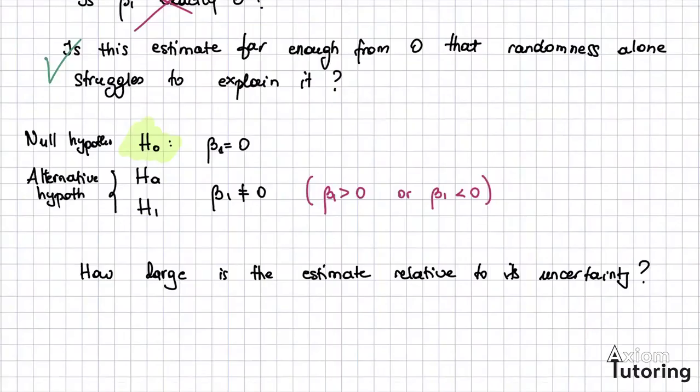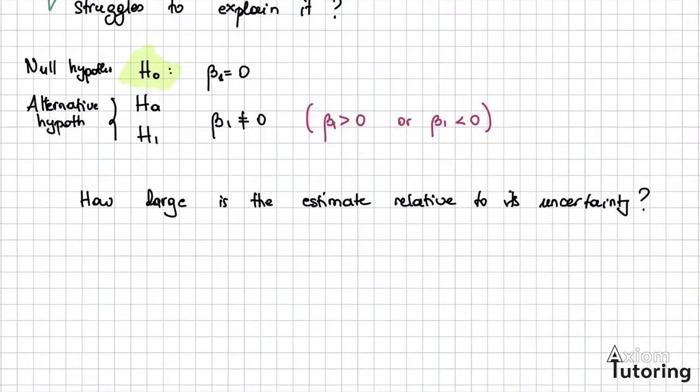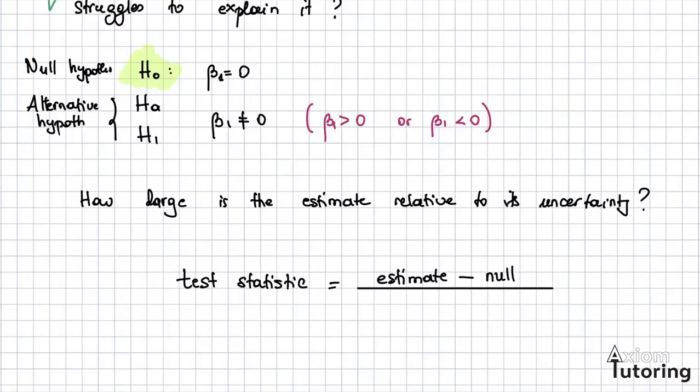To compare the estimate to its uncertainty, we need to form a test statistic. Conceptually, and this is what you will see with either a Z or a t-test, your test statistic is equal to the estimate minus whatever you are assuming to be true in the null hypothesis, which I'll call the null value, divided by the standard error.